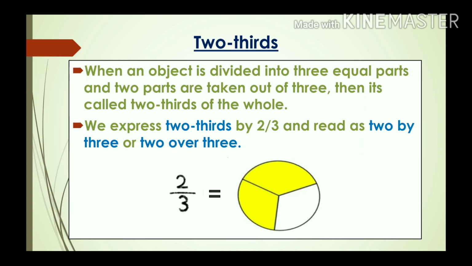Here you can see this figure shows the fraction 2 by 3. A circle is divided into three equal parts, and out of three we have taken two parts, which means two parts are shaded. So the fraction is 2 upon 3 or 2 by 3.